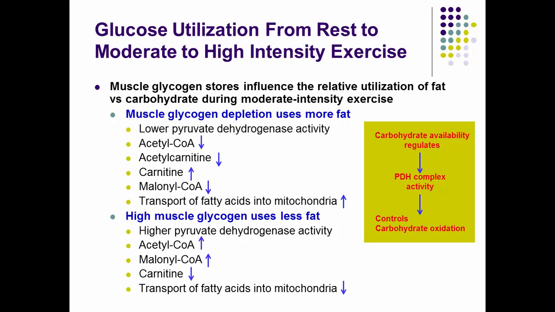So in general, for example, if we have a lower glycogen store, and particularly during the later stage when muscle glycogen is depleted, that will make the muscle utilize more fat, or rely on more fat utilization. That makes sense, right, during the later stage.